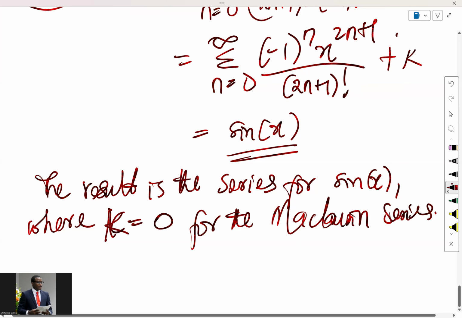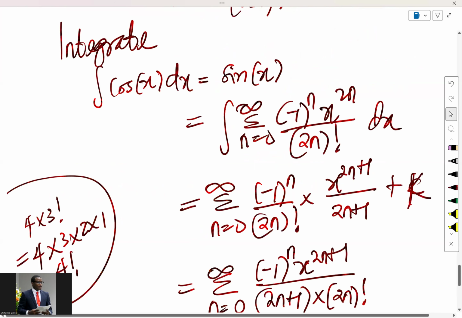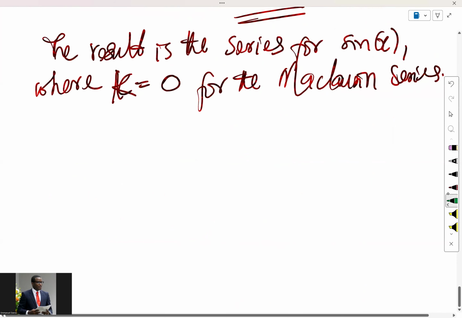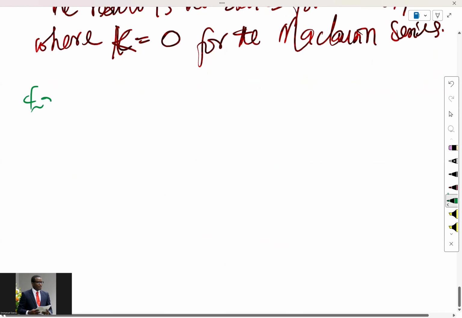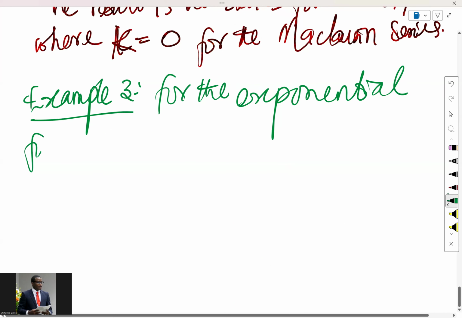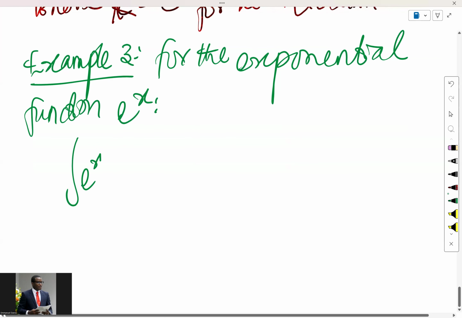So we take the last example under integration. The last example, example 3, under integration. So for the exponential function, which is e raised to power x, we have the integral of e raised to power x dx.